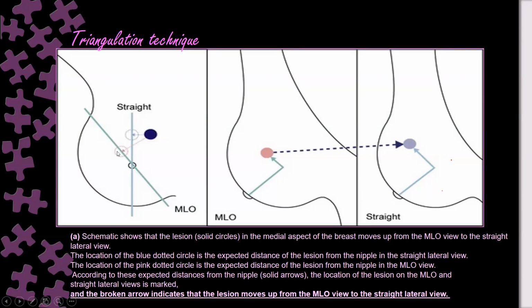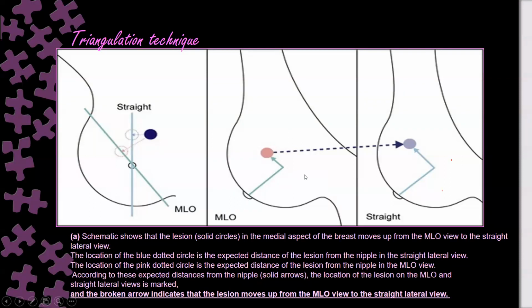The MLO. We are doing MLO, and the lesion may be here, 2 centimeters from the nipple. When we do a straight lateral, we find the lesion 5 centimeters from the nipple. It moves up, so the lesion is located here on the medial aspect. You see here, this is the posterior nipple line, and on the MLO the lesion is here.